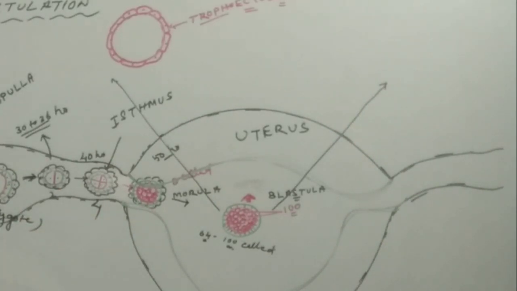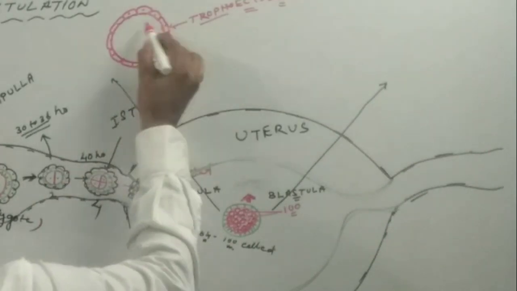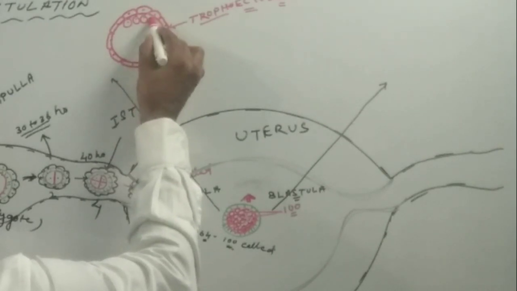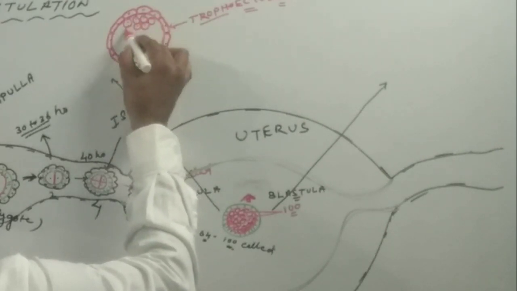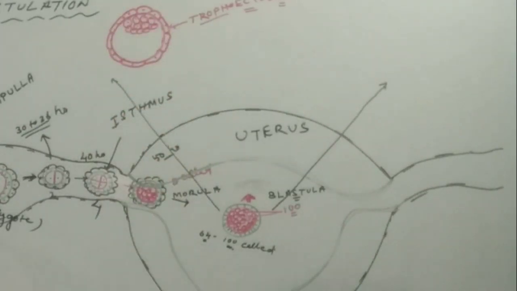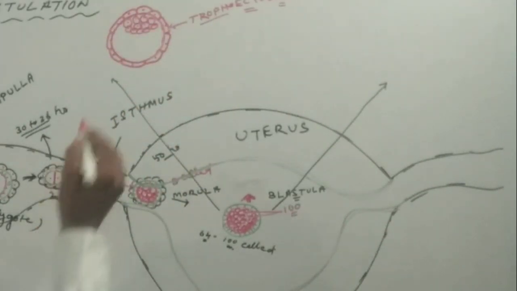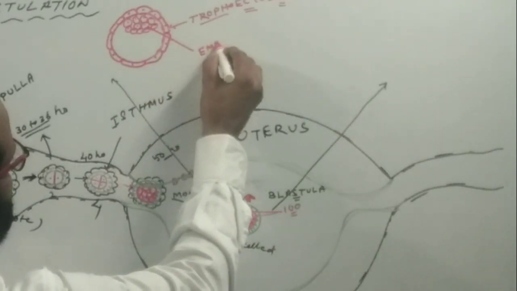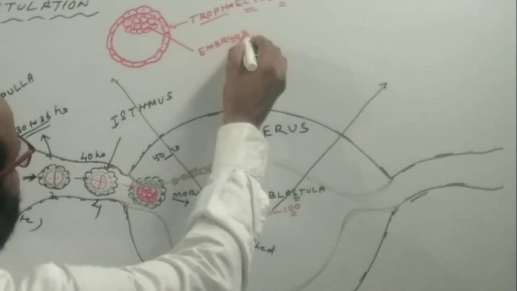And inner to the trophoectoderm, some of the blastomeres are present inside this structure, and this inner mass of blastomeres is known as the embryoblast.